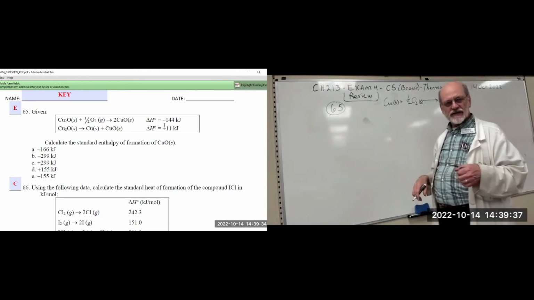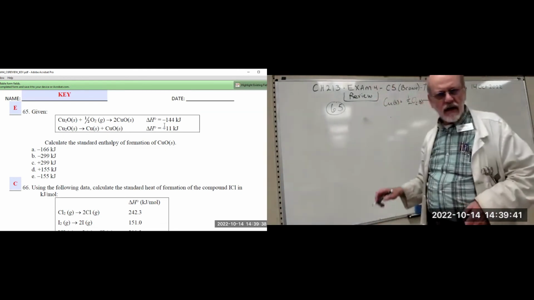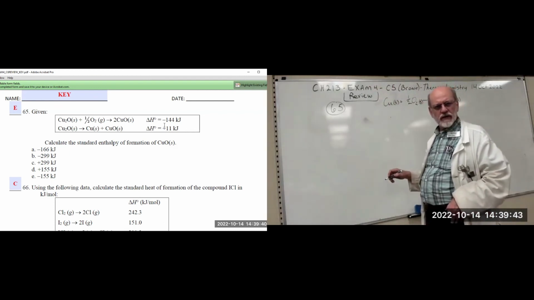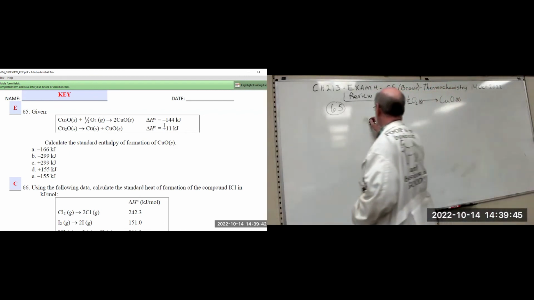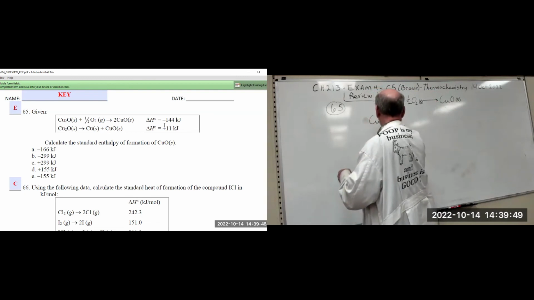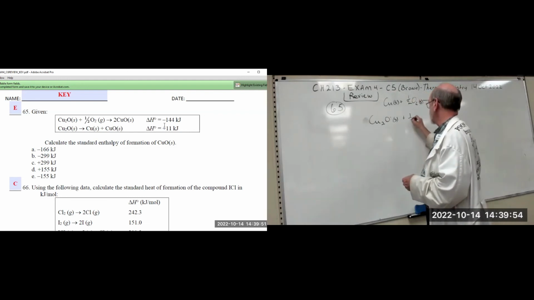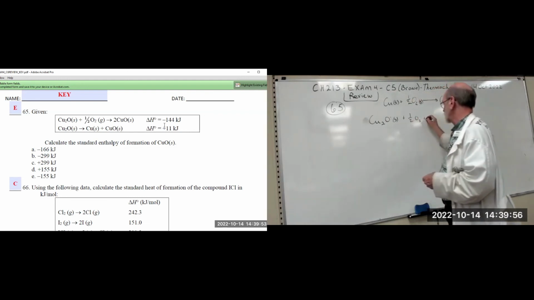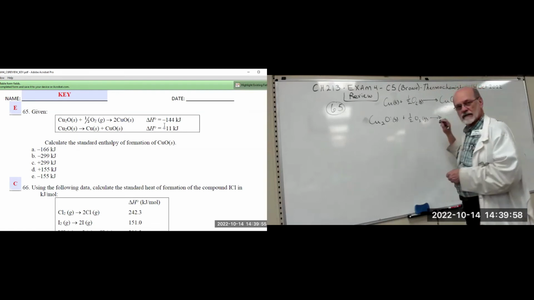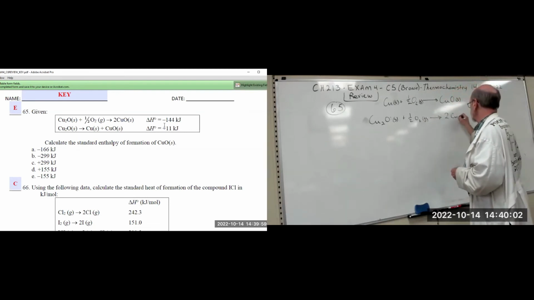Now, let's see what we've been given. Copper 1 oxide solid plus a half of oxygen yields what? 2CuO.